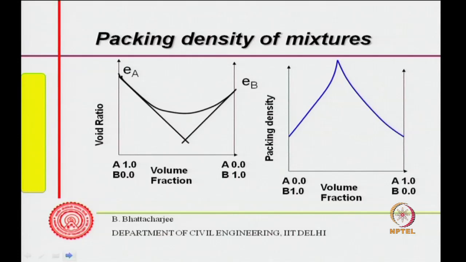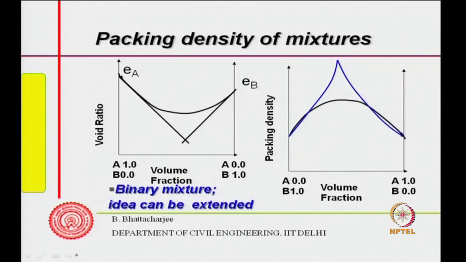And packing density becomes maximum somewhere in between, where the void ratio is minimum. The theoretical curve is shown in blue, the real one is shown in black, and this is because of what is called particle interference, the loosening effect and the wall effect, etc., as we discussed.